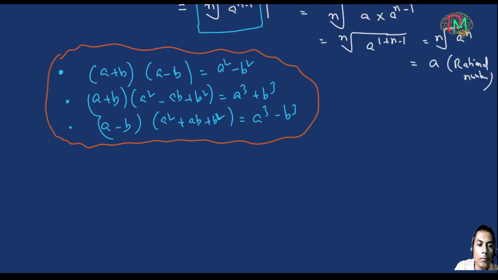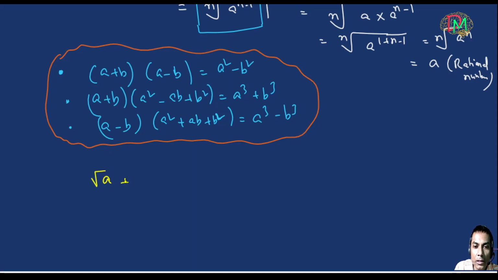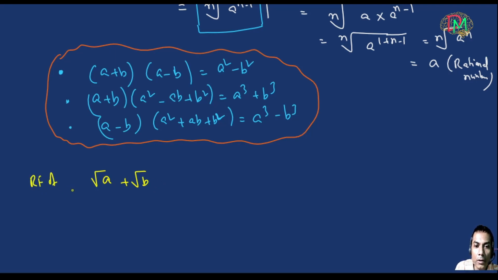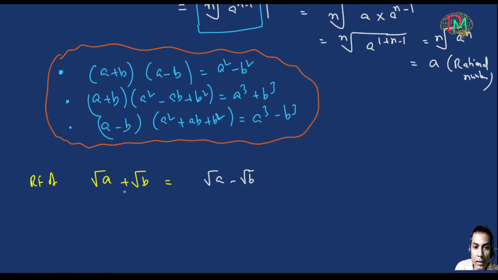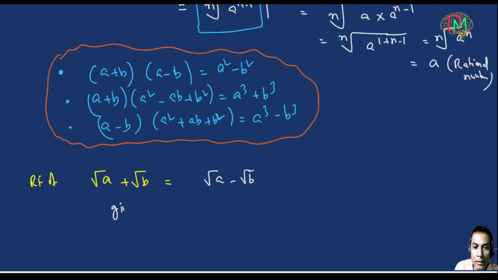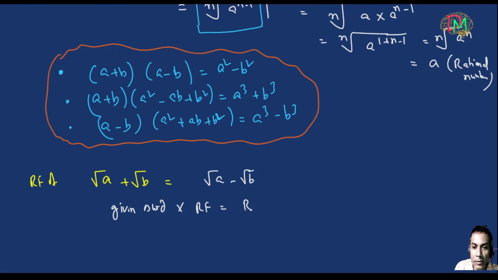Now by applying this algebraic identity, we can find out some binomial surds' RF. For example, if the question is what is the RF of root a plus root b, how can you find out? The RF is root a minus root b. Why? Because if we multiply the given surd into the RF, we should get a rational number.